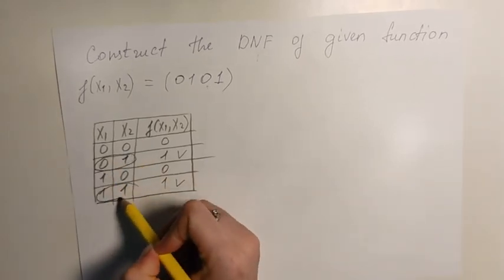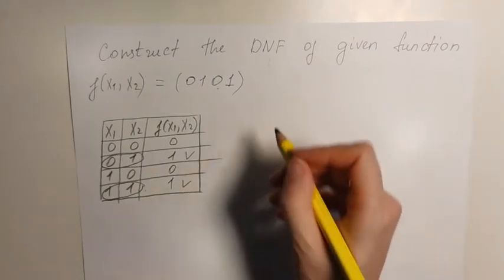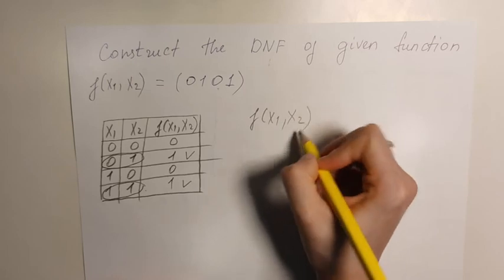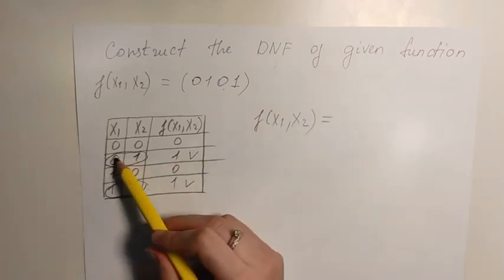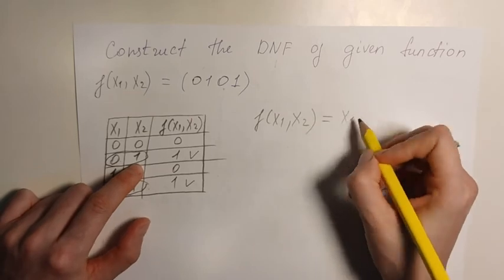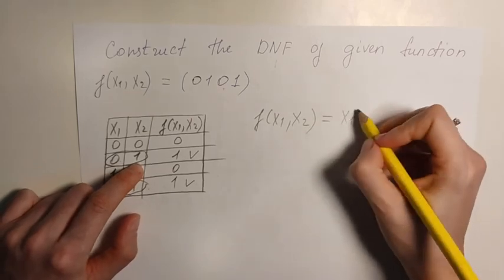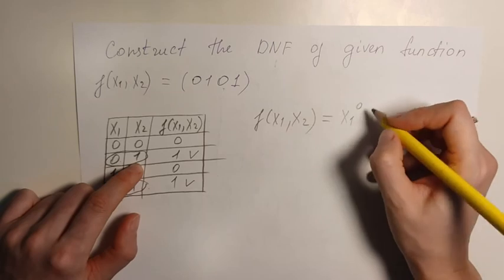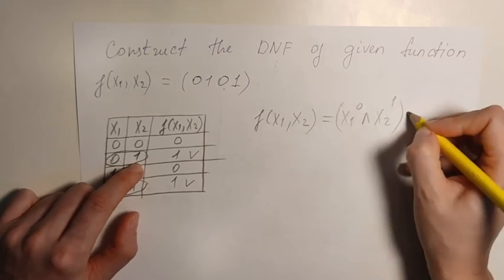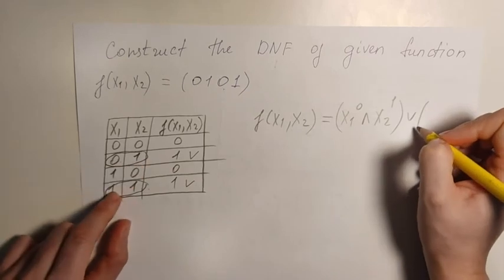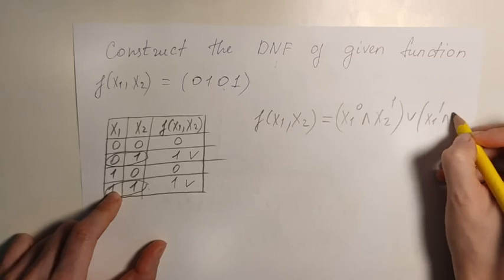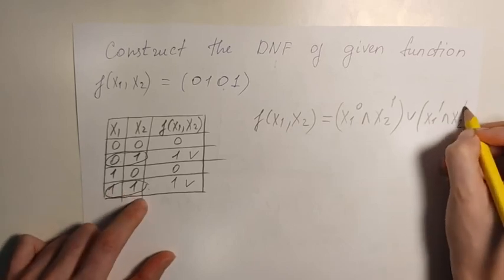Okay, and let's construct f(x1, x2) is equal to x1 0 and x2 1, or x1 1 and x2 1.